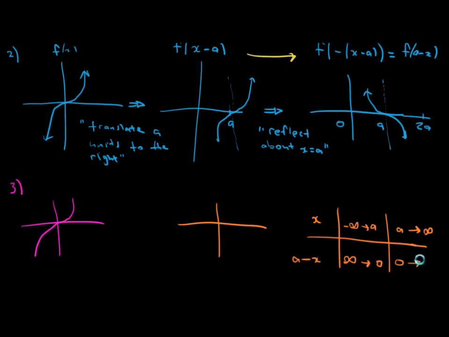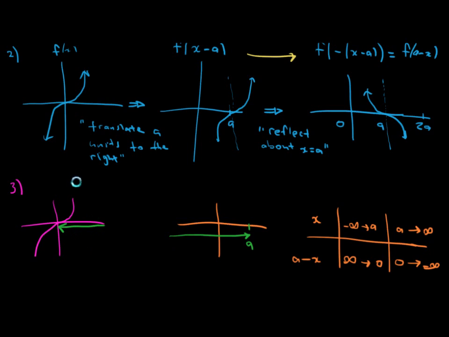Well, a minus infinity makes it minus infinity. So basically, in the region from minus infinity to a, we want to look at what happens from infinity to 0.